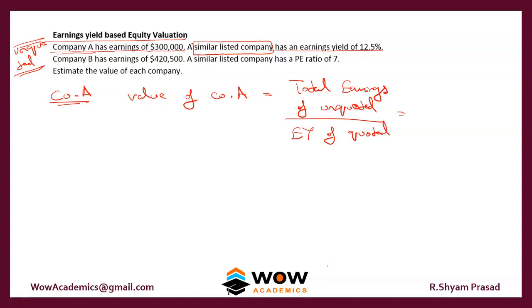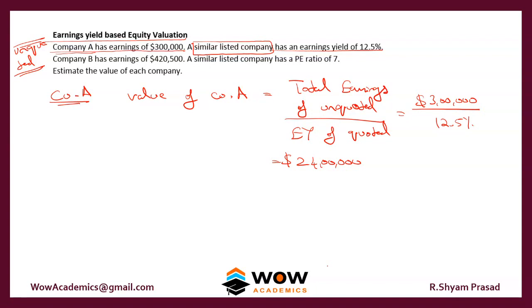So the total earnings of the unquoted company is 3 lakhs divided by the earnings yield of the listed company, or quoted company, which is 12.5%. So we'll arrive at the value. So that comes to 2.4 million or 24 lakhs worth.